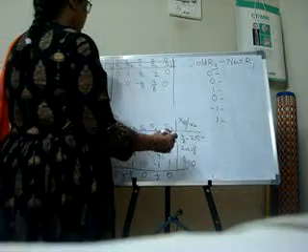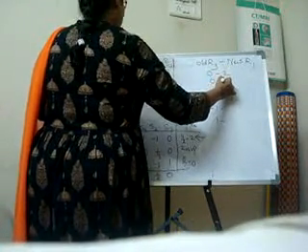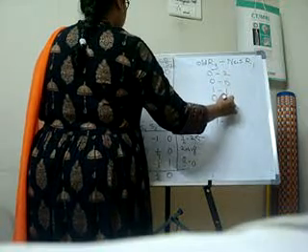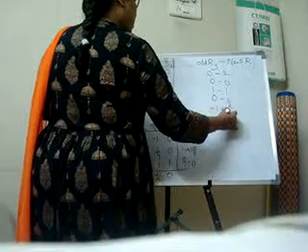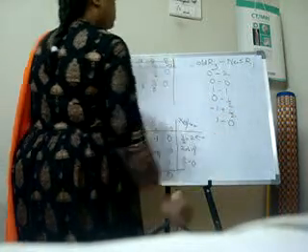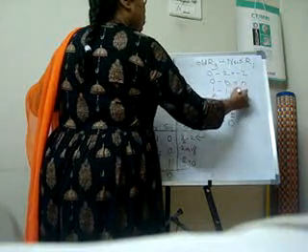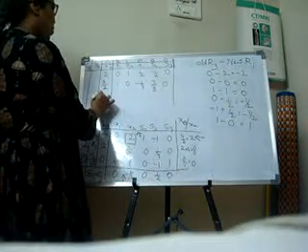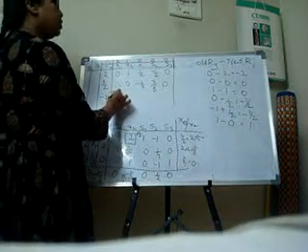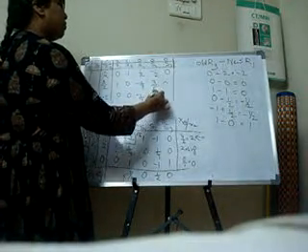New R1, 2, 0, 1, half, plus half, 0. So this is nothing but minus 2, 0, 0, minus half, and 1. So minus 2, 0, 0, minus half, 1.